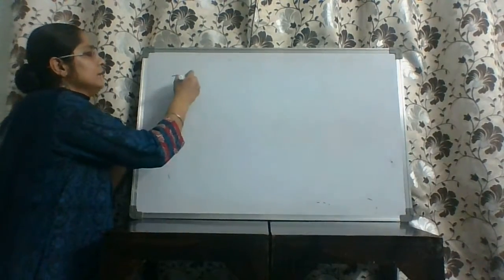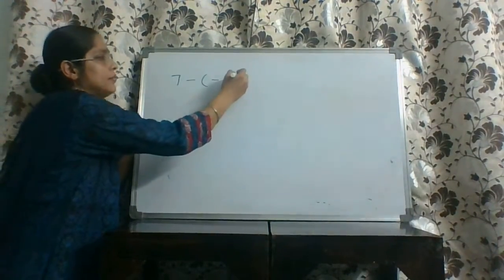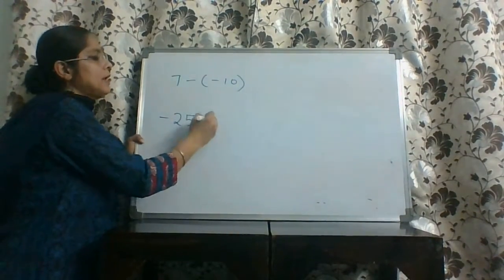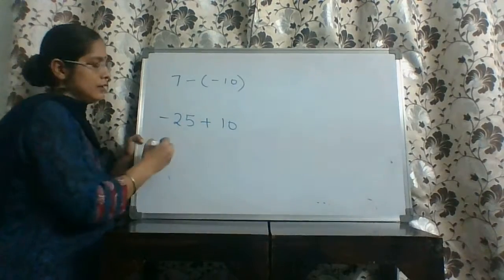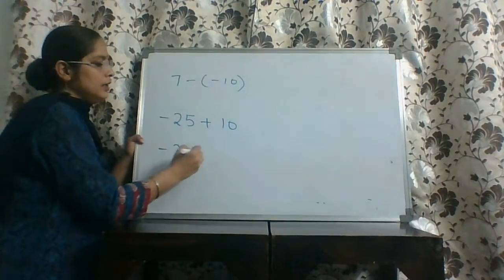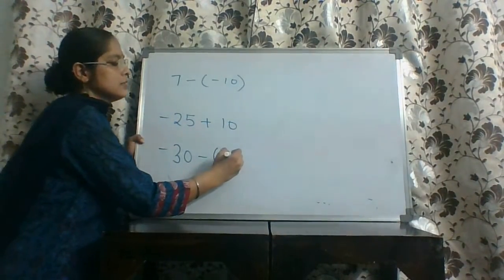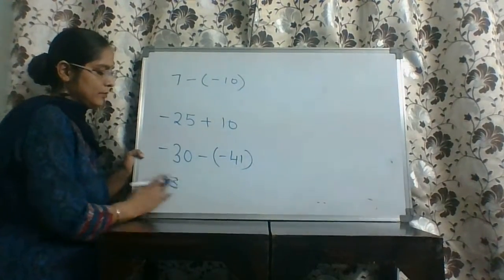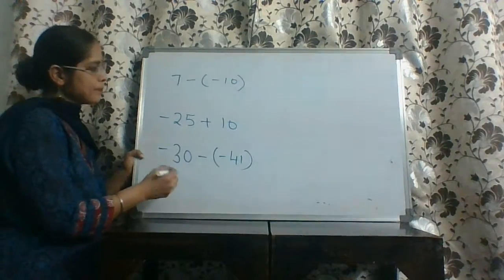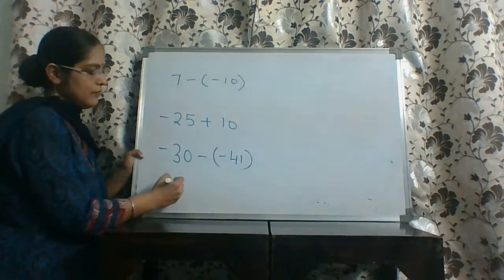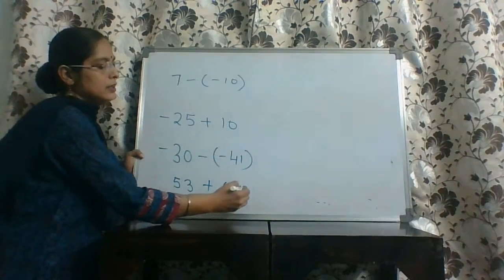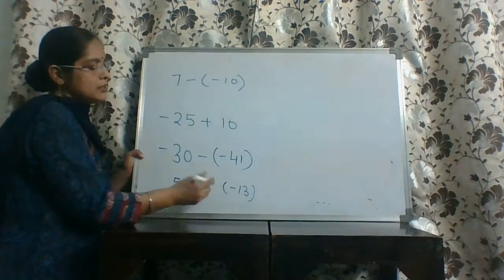7 minus minus 10. Minus 25 plus 10. Minus 30 minus 41. Let me take 53 minus minus 13.